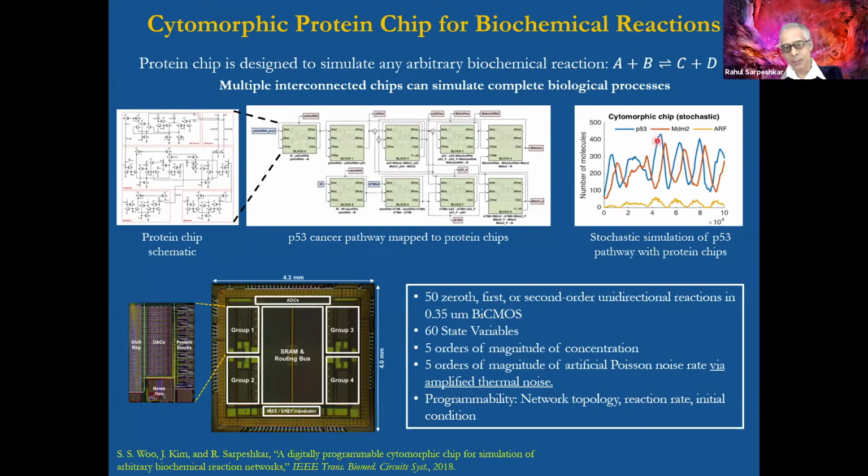So as an example, I'm showing you an example of the p53 cancer pathway. This is a very important pathway where small copy numbers of this p53 molecule can determine whether the cell is going to commit suicide or not. And in a lot of cancers, the committing of suicide is actually what saves you. And so you can see here that that can be modeled exactly.